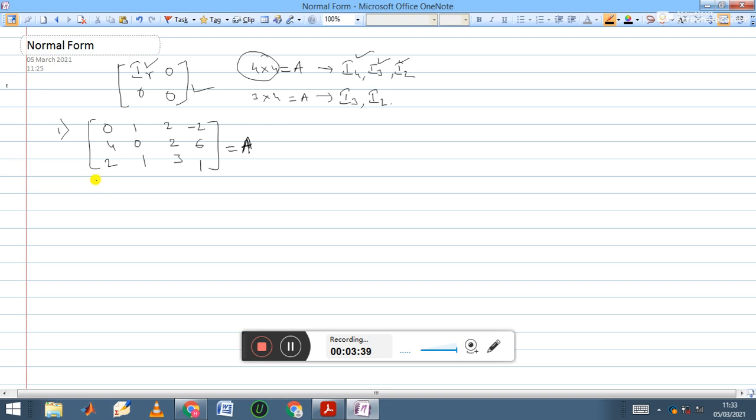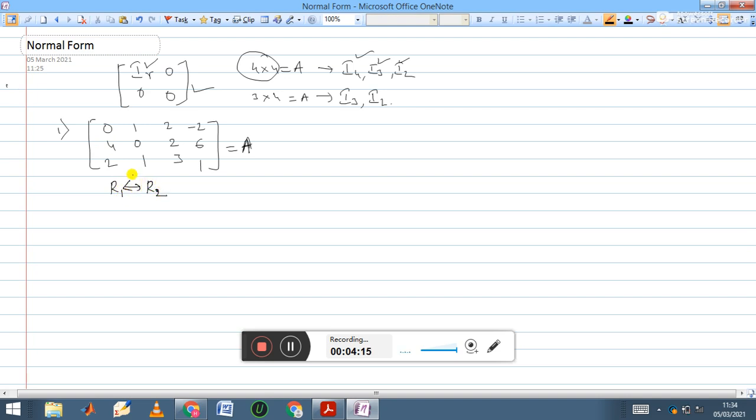Before going to the row and column operations, just observe the given matrix. The first row is starting with 0, but our pivotal element should not be equal to 0. So try to make it a non-zero entry by interchanging with another row. Here it is better to interchange R1 with R2.